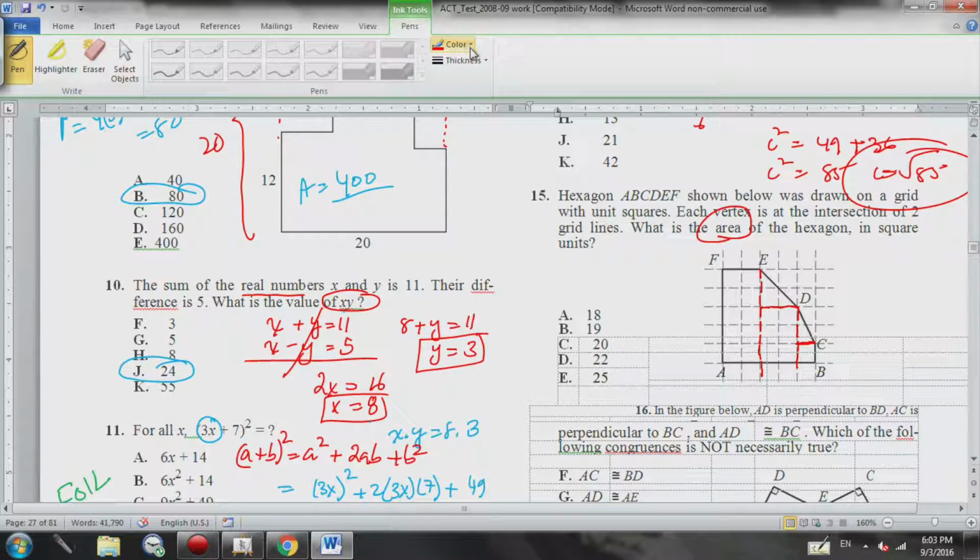Then you can just figure out the individual areas. So this is 2 units by 1, 2, 3, 4, 5. So that's 5 by 2. That's 10 square units right there. And over here you have 1, 2, 1, 2, 3. So that's 2 by 3. That is 6 units over here.